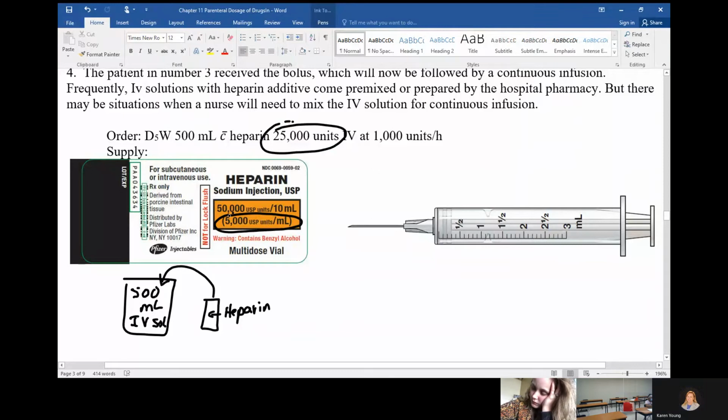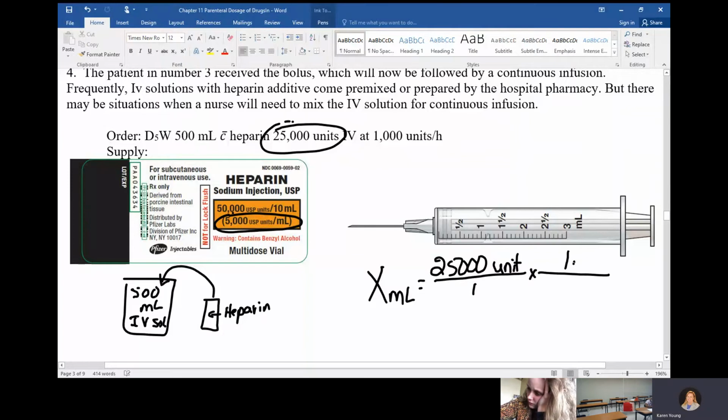Okay. You know how many units I'm adding to my IV bag. So the doctor has ordered the 25,000 units. Sometimes I get so tired writing more units. The pharmacy has sent up 1 milliliter for 5,000 units.